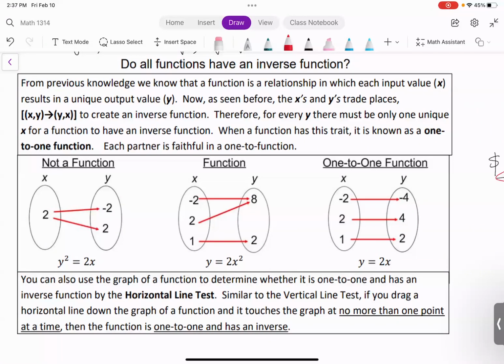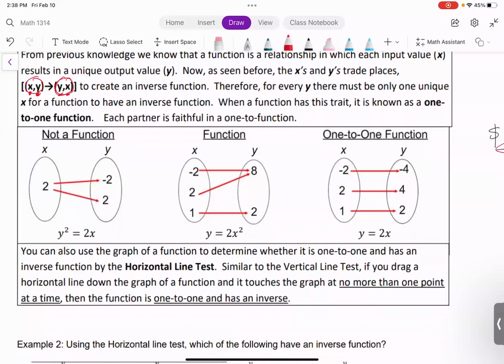And we have learned that for the inverse function, if the input is x and the output is y, then its inverse function has input y and output x. So x and y are replaced by each other. Okay, let's see.